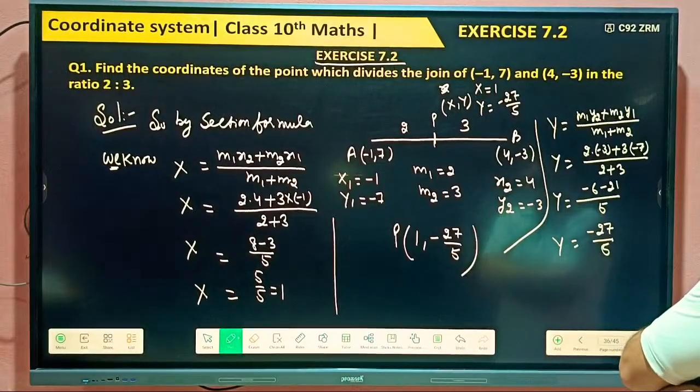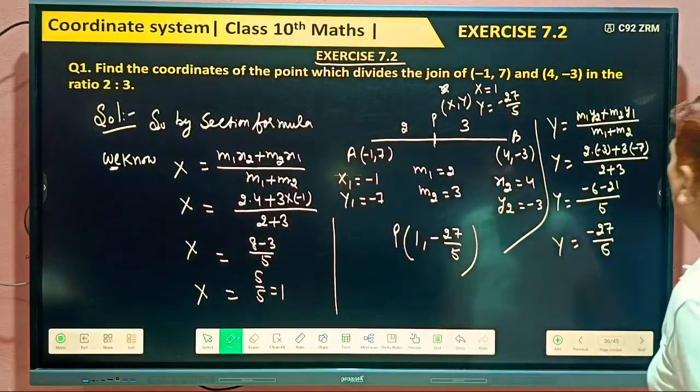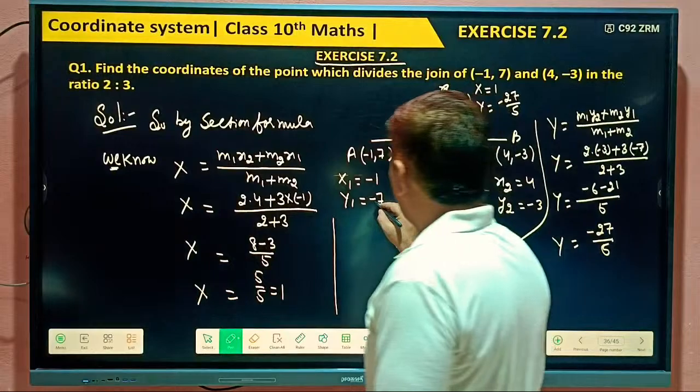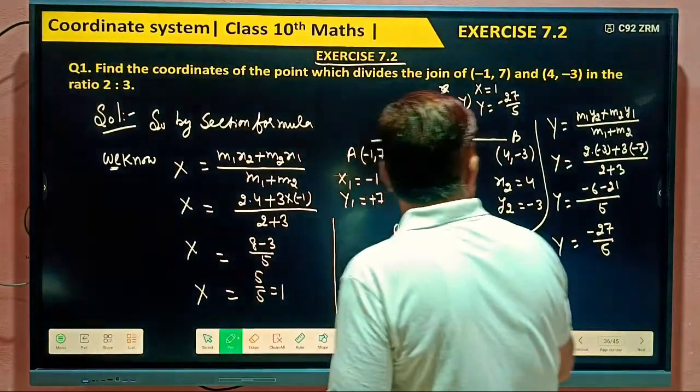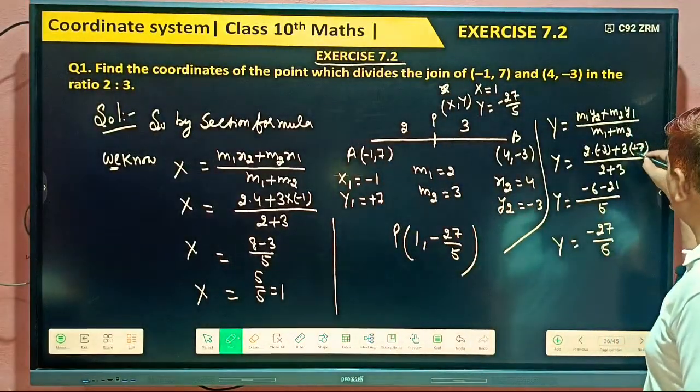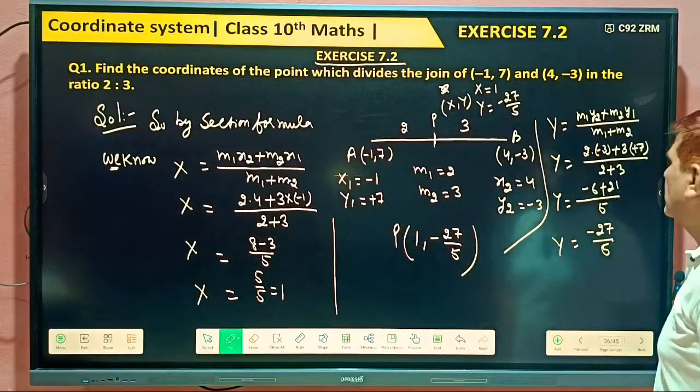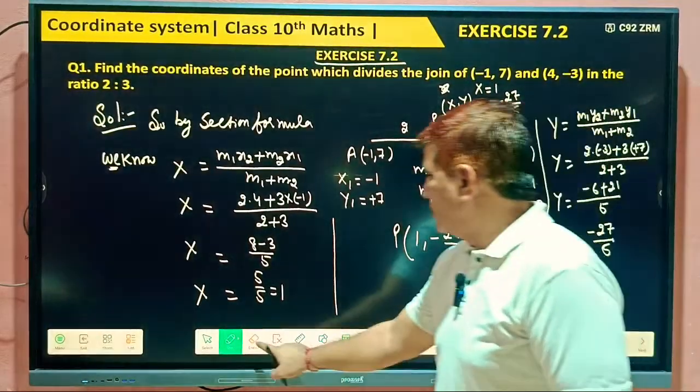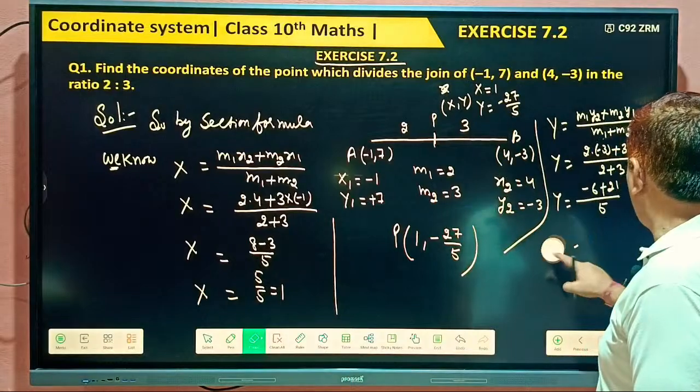We have taken 2 into -3 is -6, and 3 into 7. This is written wrong. Here is the problem. This is plus here. We have taken minus here. So plus this. Understood?